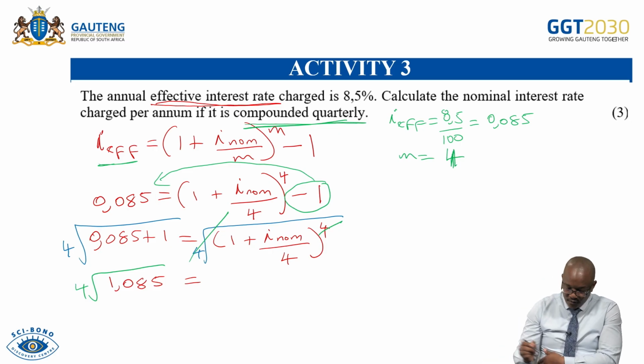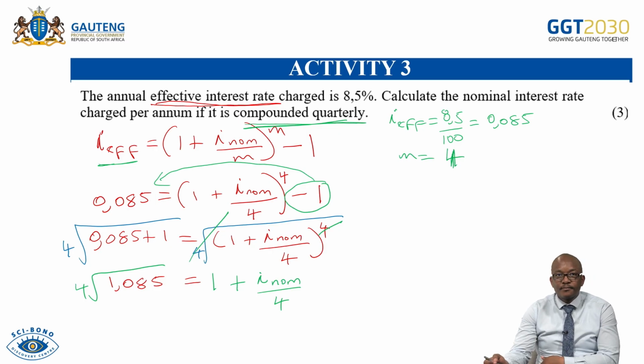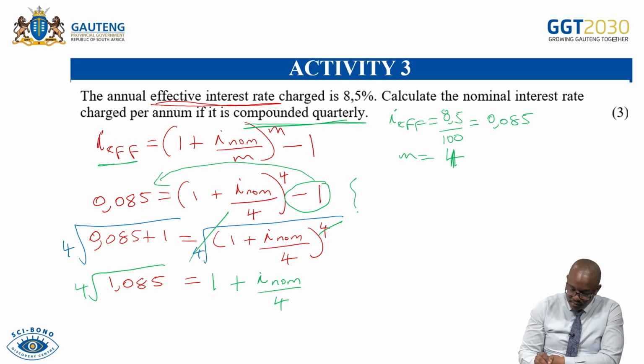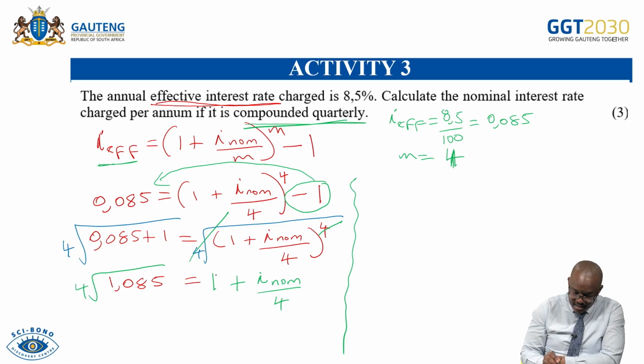Correct? Then moving forward, what will happen here? I will have 1 plus i_nom all over 4. So now what will happen from here? I will still have to take this 1 and transpose it.